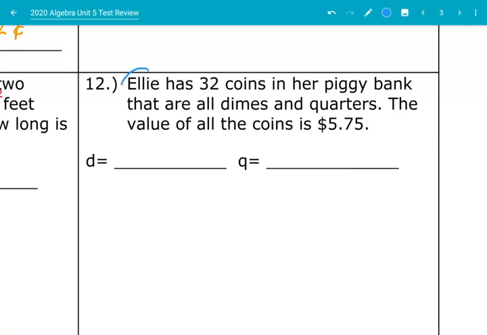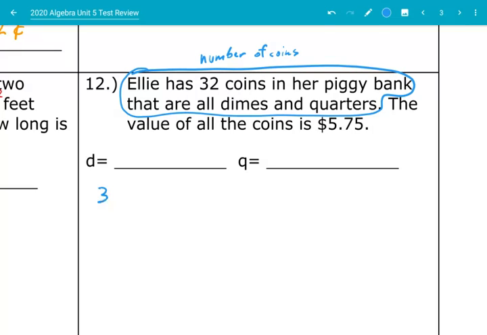The first sentence has a number of coins. So that's going to be your first equation. 32 coins in the piggy bank, and they're all dimes and quarters. I'm going to rewrite that. So dimes and quarters equals 32. That's the number of coins.